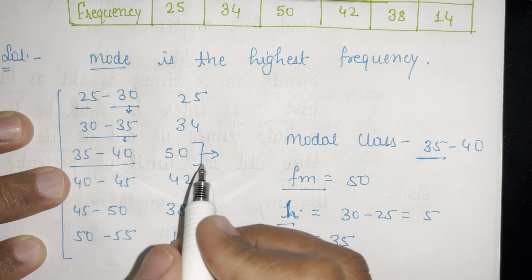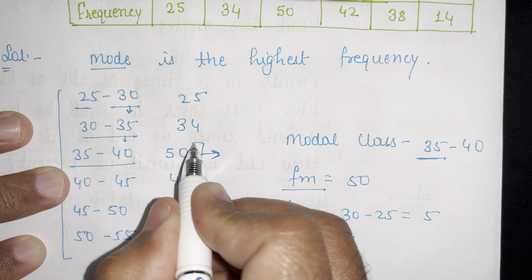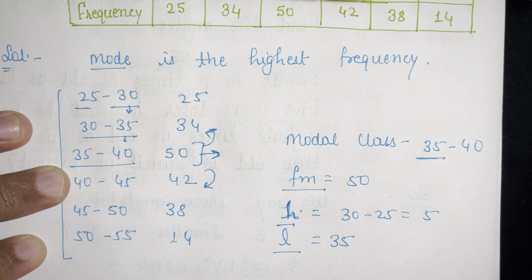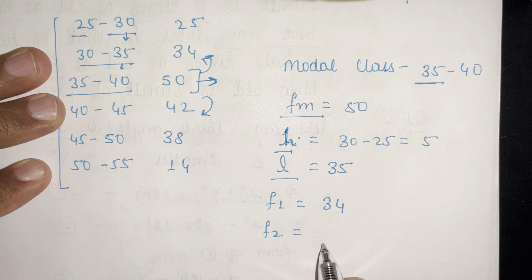You have the maximum frequency, the height, that is the range of the class, and the lower limit. Now you have to take the preceding class of the modal class and the succeeding class of the modal class. The preceding class frequency, F1, is 34, and the succeeding class frequency, F2, is 42. So from any data set that asks you to find the mode, first you have to list down all of these values.